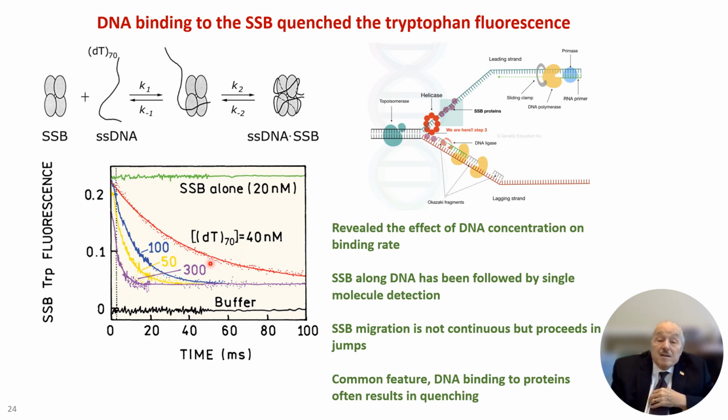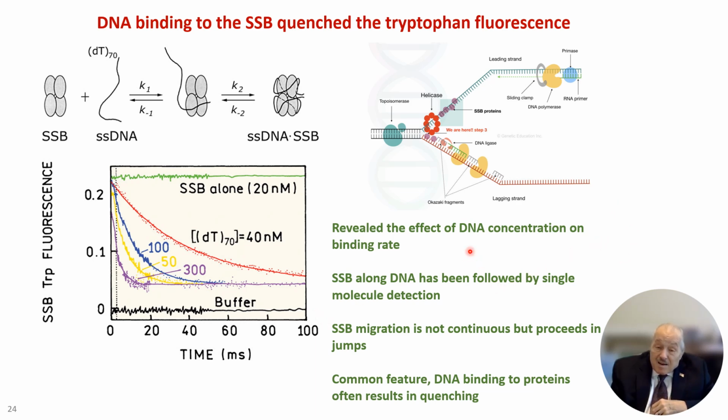Since the protein fluorescence is always quenched by binding oligos to them, you can watch this binding just by stopped-flow measurements, and you can see how rapid it is.